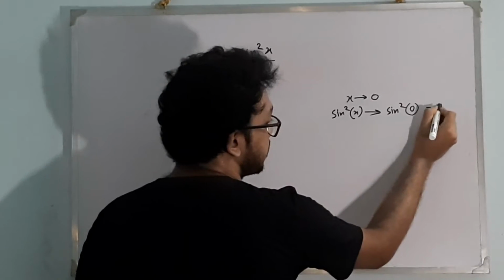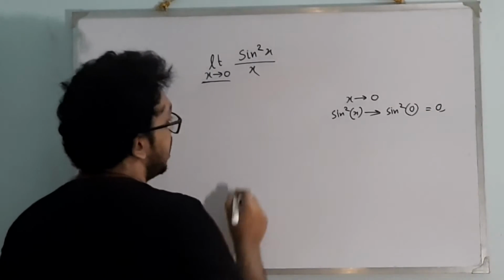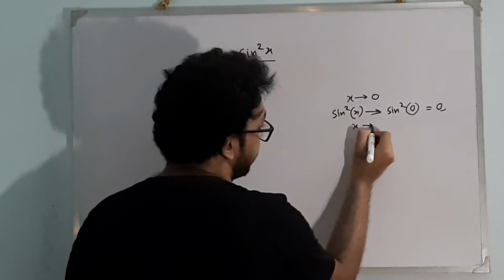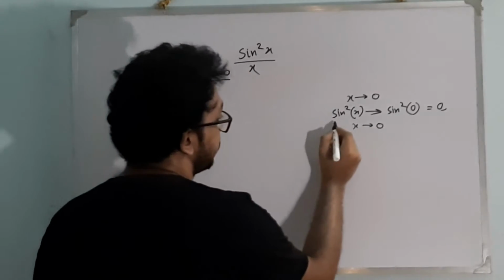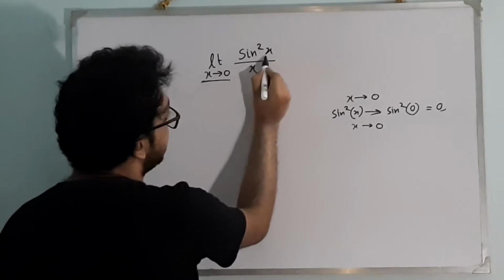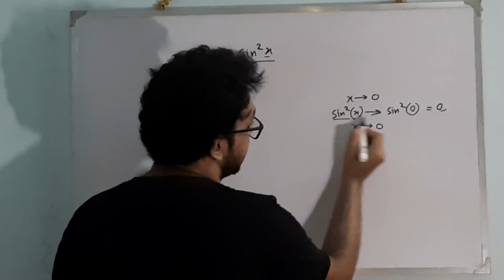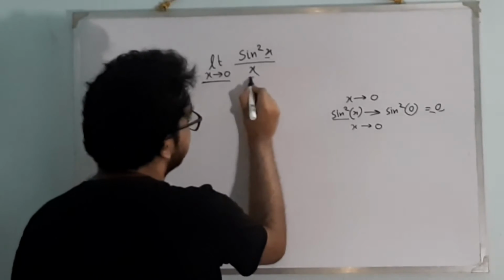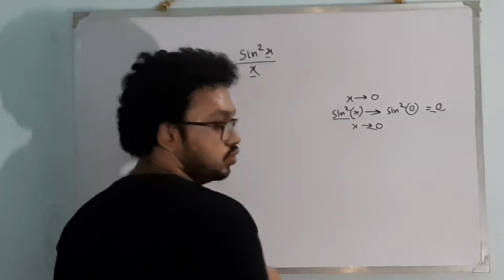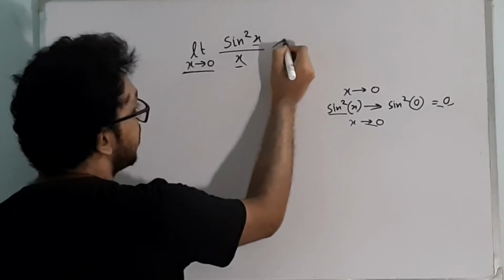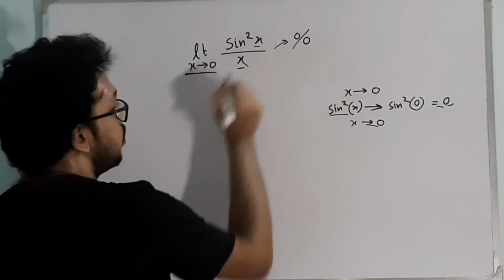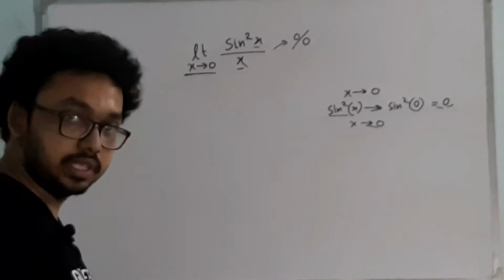Sin square 0 is nothing but 0, and x is tending towards 0, right? So we observe that the numerator, that is sin square x, is tending to 0, and the denominator, that is x, is tending to 0. So clearly sin square x by x is present in a 0 by 0 indeterminate form, right?